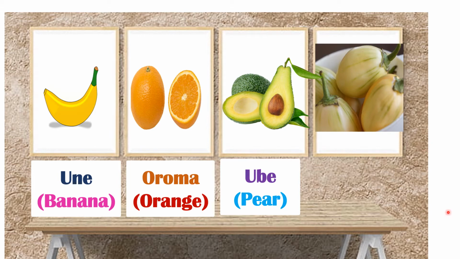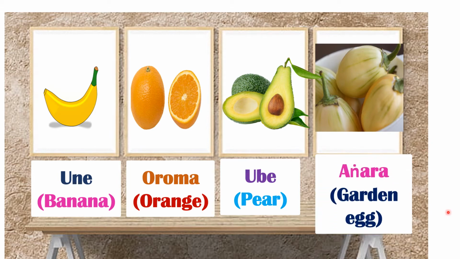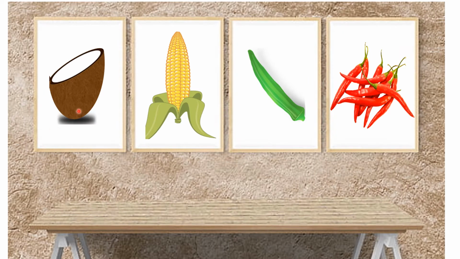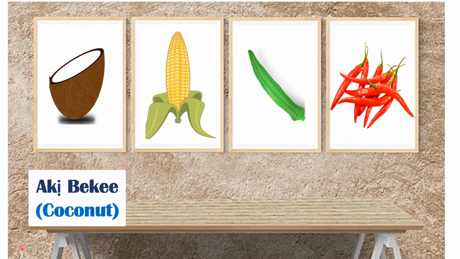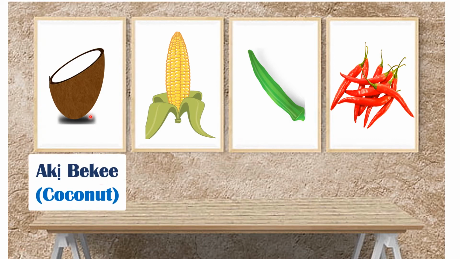Then we have garden egg. Garden egg bụ aṅara. Coconut. Coconut bụ akị bekee.